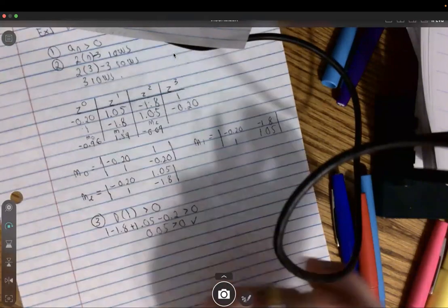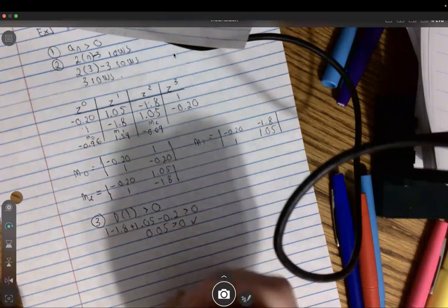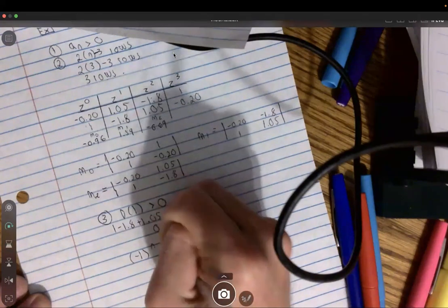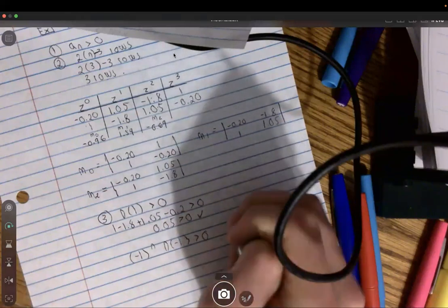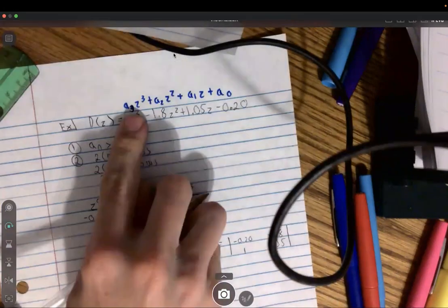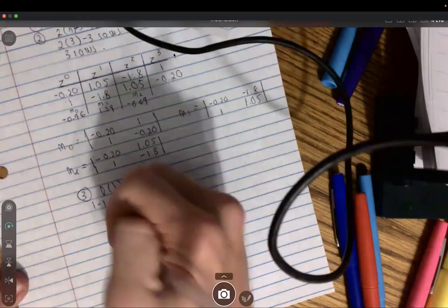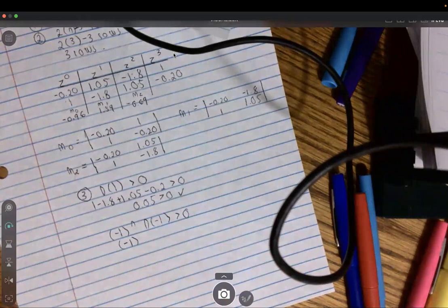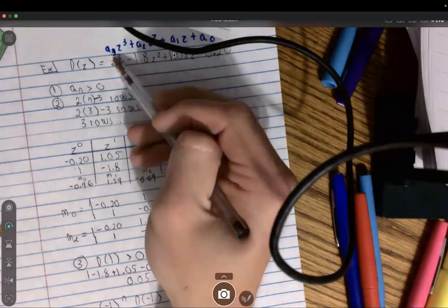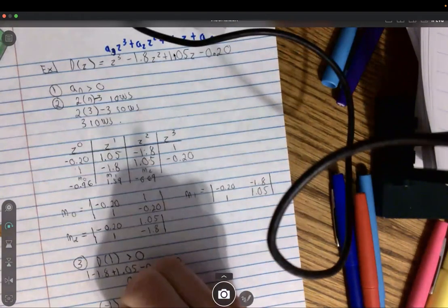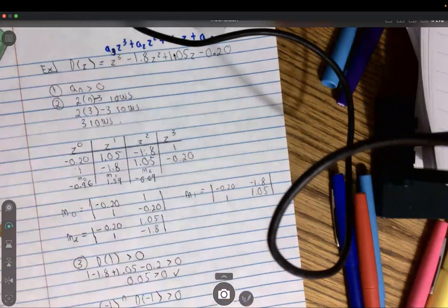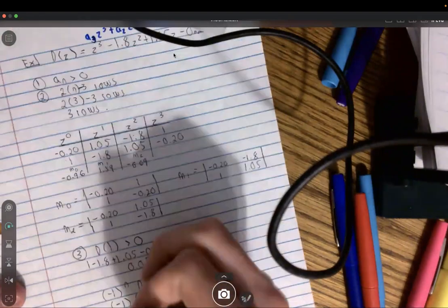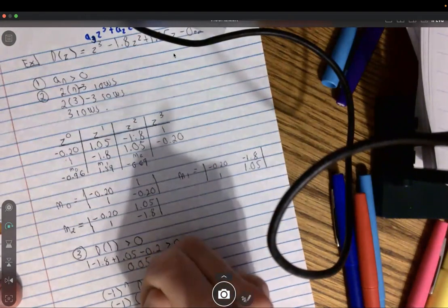And then the second condition you have to satisfy is negative 1 to the power of n times D of negative 1 is greater than 0. So it's to the power of 3 because we're a third order, and negative 1 to the power 3 is negative 1. D of negative 1 is negative 1 to the power 3, negative 1, minus 1.8. Then negative 1 squared is just 1, so it's just negative 1.8.